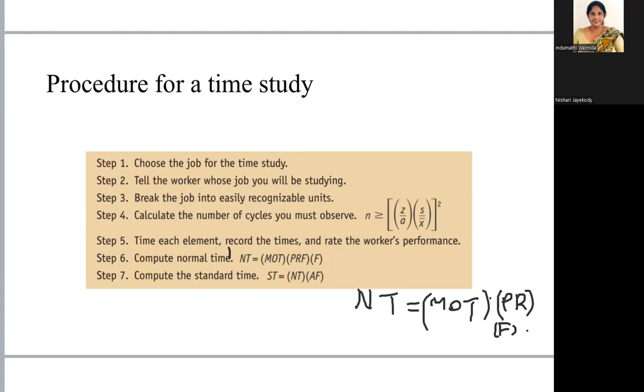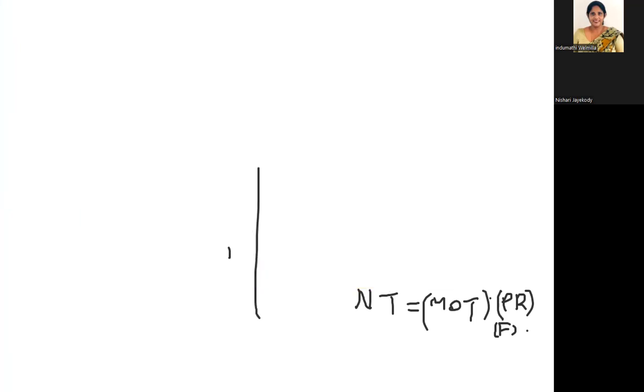In this case, the amount of output expected must take into account the actual jobs performed by the worker. Then you can see here, I have given you some example.